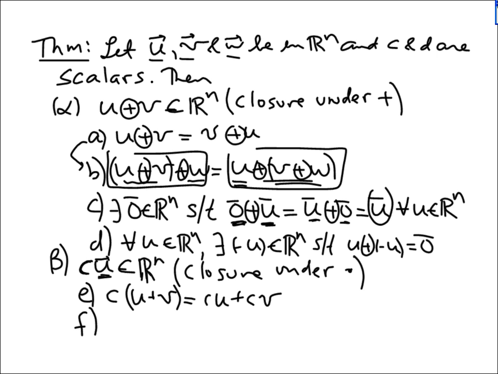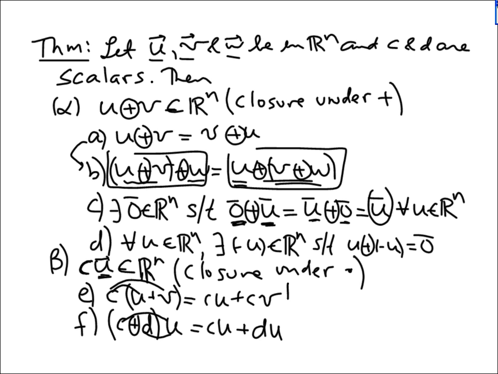Letter F goes on to say, if you have a sum of scalars, I'm going to multiply that by the vector u, then you have the distributive property. Same with the bottom line. You can take u and scale it by c, and then plus or minus, you can then take u and scale it by d.